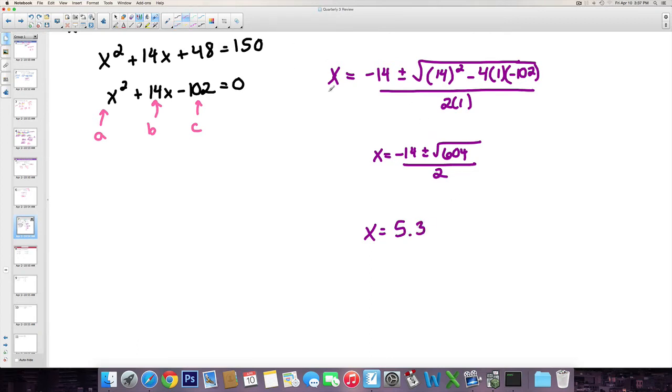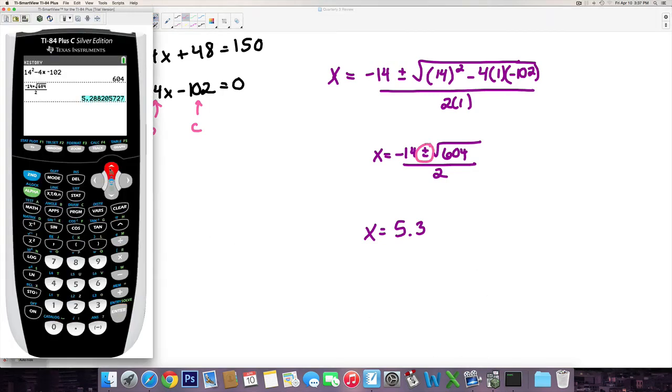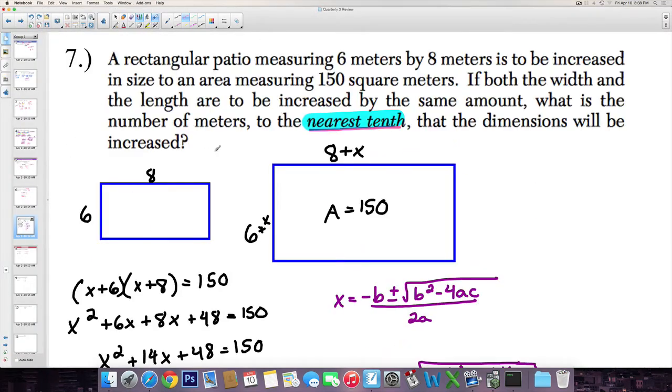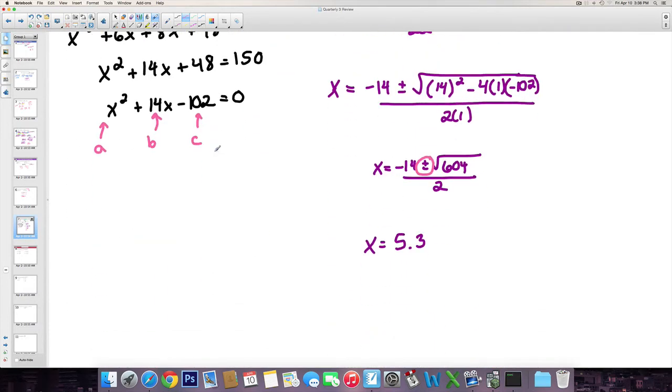Now, realize that there's actually two solutions here, plus and minus. If instead of plus radical 604, I did minus radical 604, I'm going to get a problem. We get negative 19, and obviously you can't add negative 19 feet or meters. So we're just going to keep 5.3.